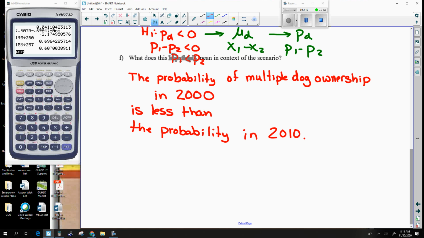Again, if it were the other way around and it was PD is equal to 0, then we would say we are unable to prove a difference between the probability of multiple dog ownership of 2000 versus 2010.